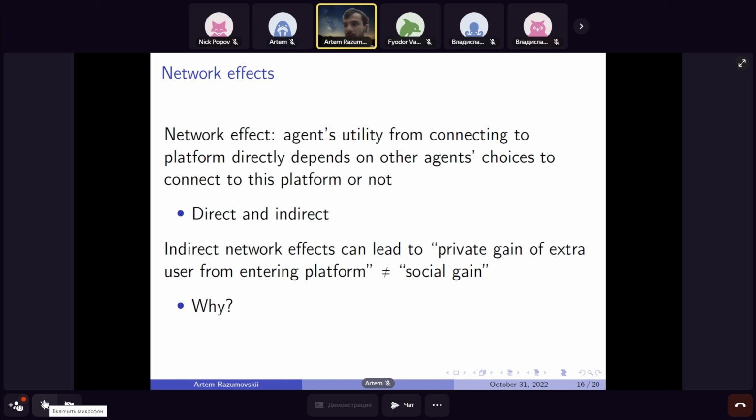Any buyer will be better off. But why can't we claim that this is the social gain, and that this is just how we make the market better off?